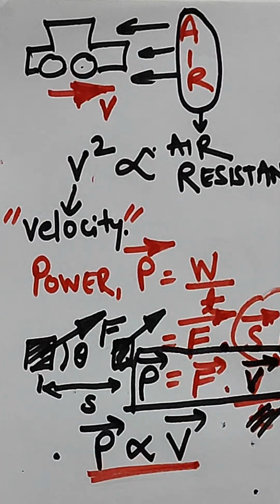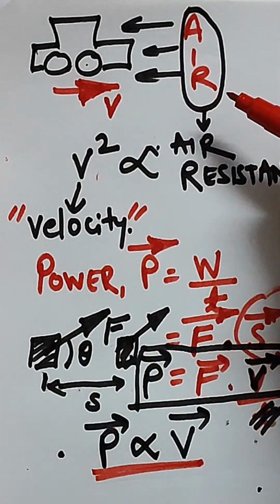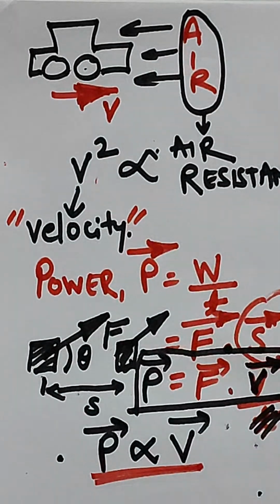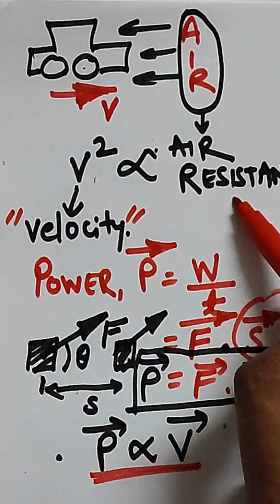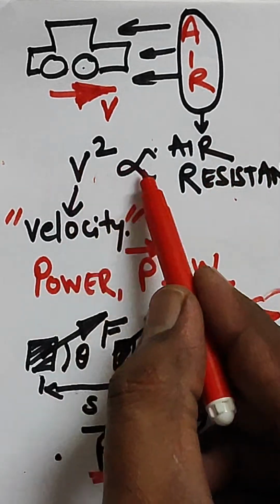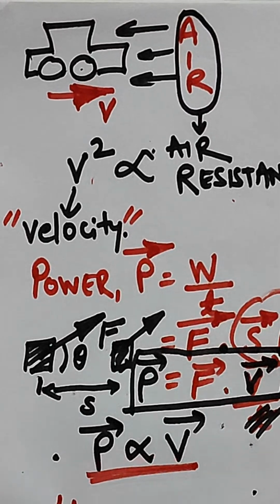Now in the question it has been given that a moving car encounters air resistance which is proportional to the square of the speed of the car. Now we need to find the ratio of the power required at 40 kilometer per hour.